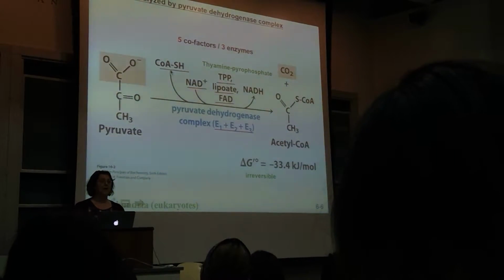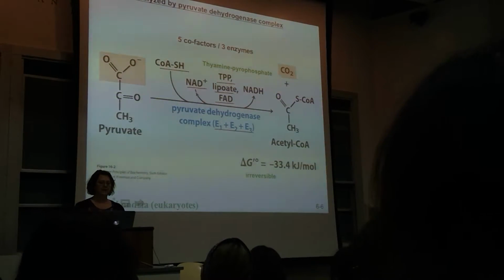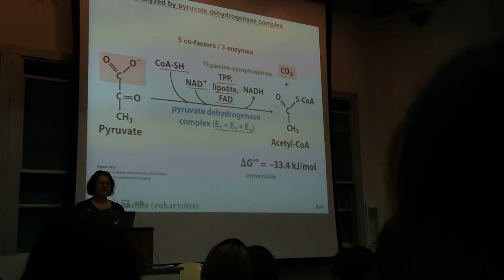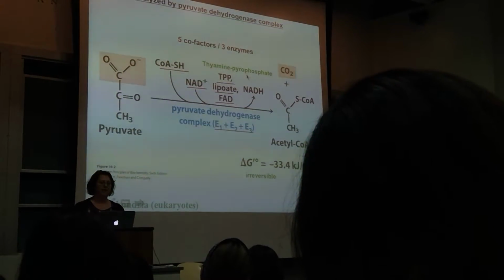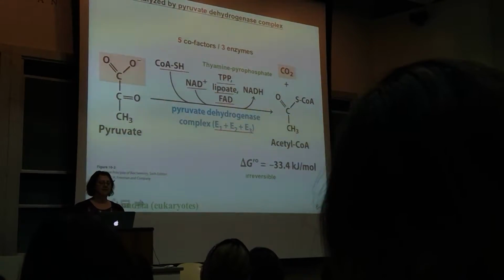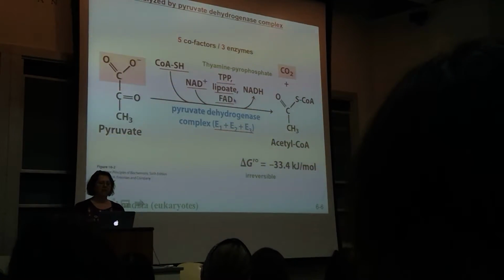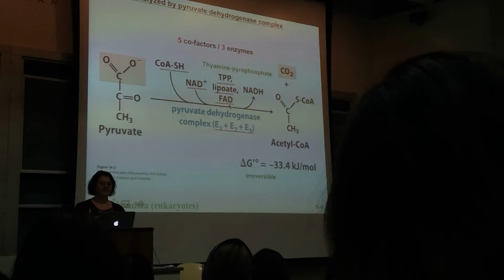So one is the CoA in the reduced form, one is NAD+, one is TPP, which you've been seeing again as a cofactor, thiamine pyrophosphate. One is kind of special, we'll look at in a minute, lipoate, and then another that you've been seeing a lot of, which is FAD.